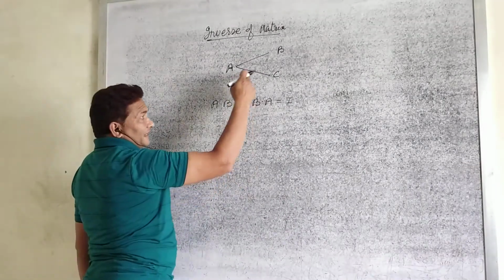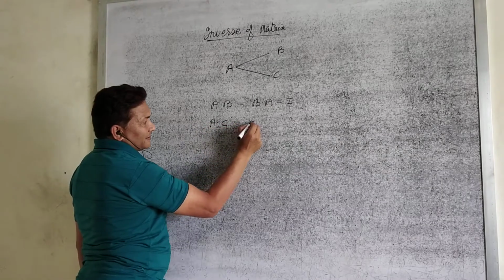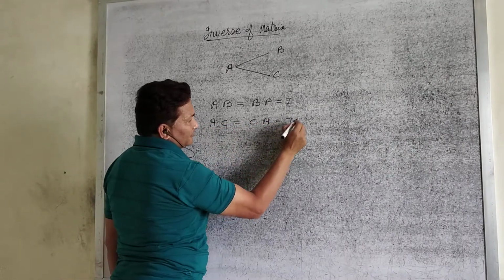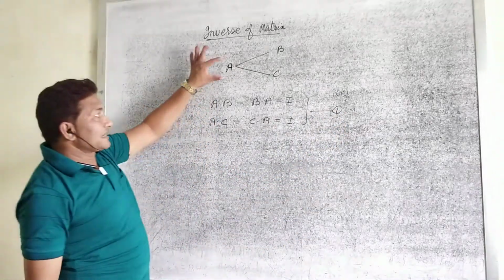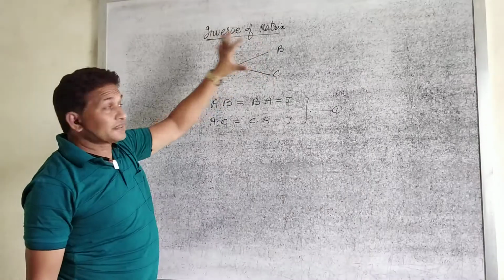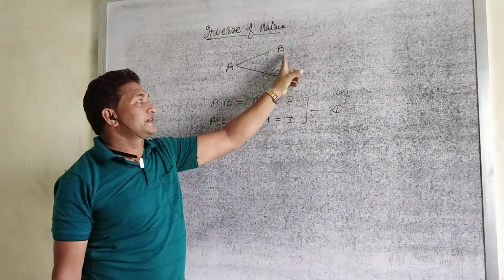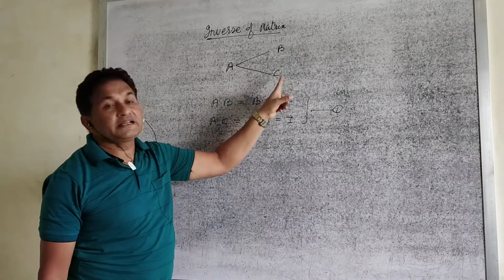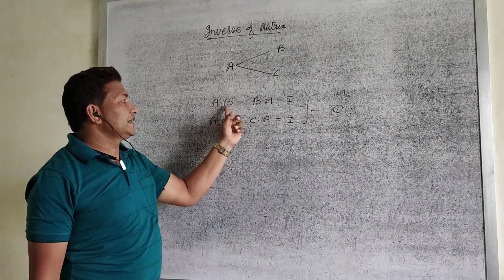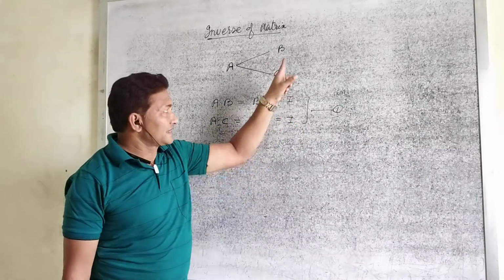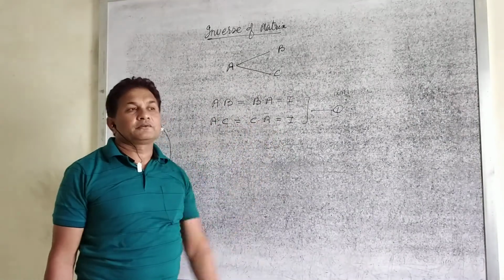Second, again C is the inverse of A, therefore A into C, C into A is equal to I. This is your equation. B is the inverse of A, C is the inverse of A. So as B is the inverse of A, by definition A into B, B into A equal to I. As C is the inverse of A, therefore A into C or C into A equal to I.